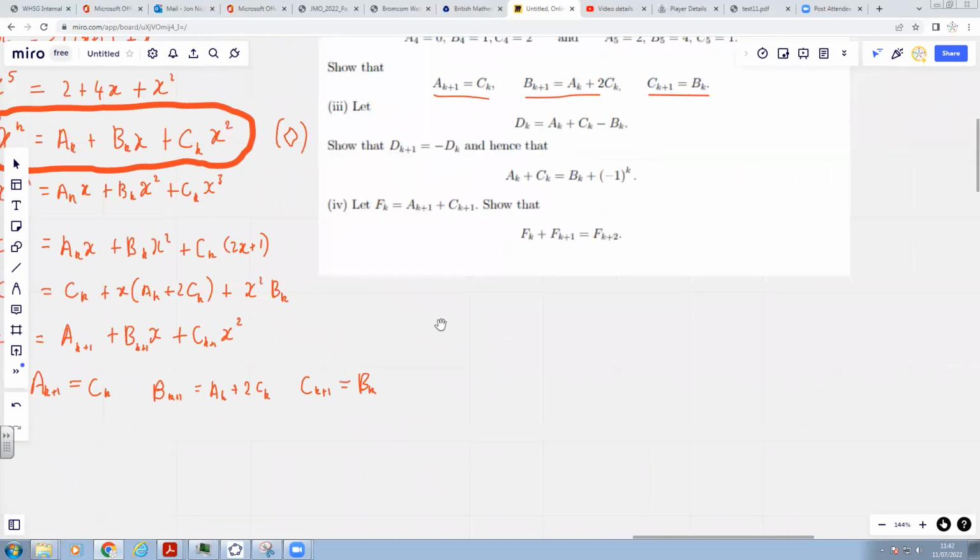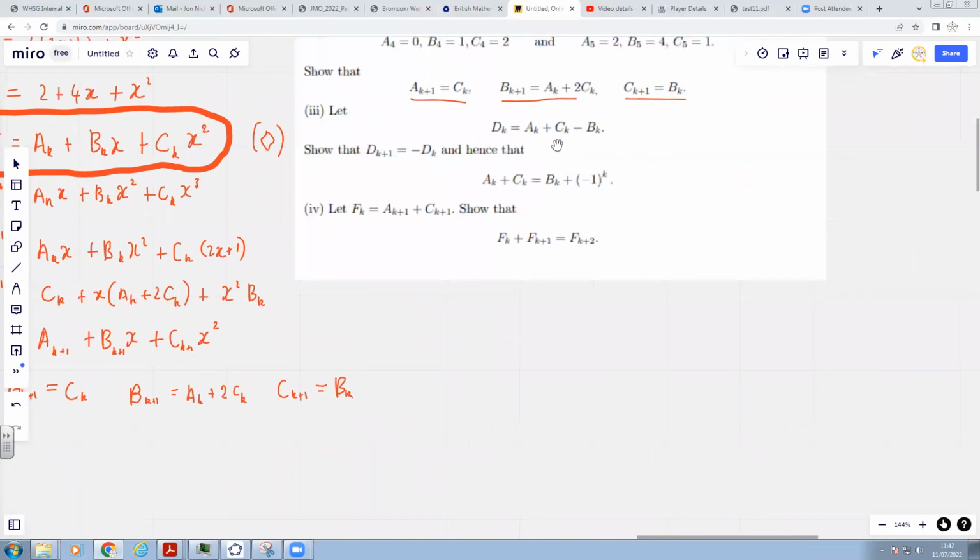Okay, part 3. Let dk equal ak plus ck minus bk. Okay, very well. dk equals ak plus ck minus bk, and we're letting that be the case.